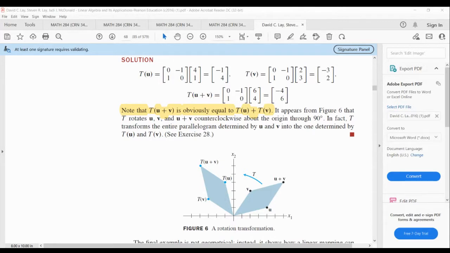So there's the vector u plus v in figure 6, and then look at the transformation of u plus v, that vector. What's the angle? That's right, Cameron, 90 degrees. So that's why they call this a rotation transformation.